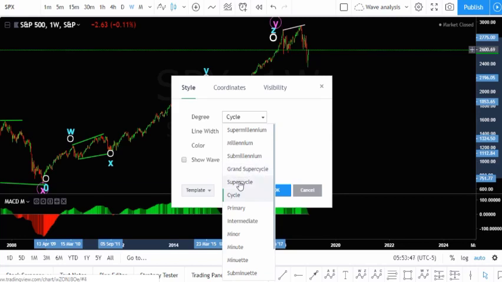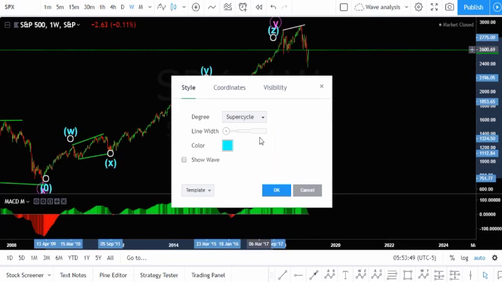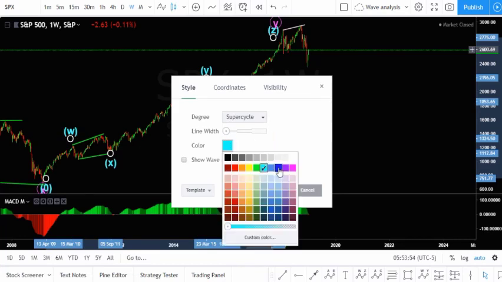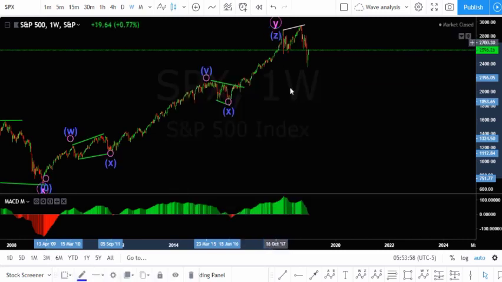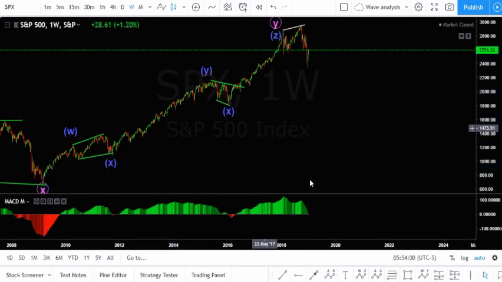So like I always do, I start with the monthly, I'll make it grand super cycle, the weekly becomes super cycle, and you can use different colors for different cycles.